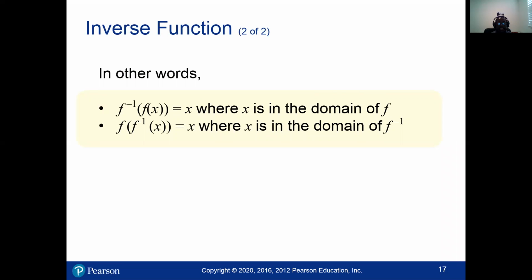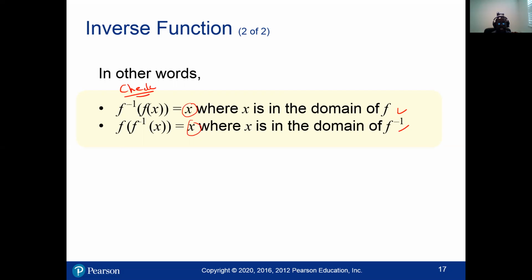So in other words, for any inverse function, if we compose the inverse with f, we should get x. In the same way, if we compose f with the inverse function, you should get x, where x is in the domain of f in the first case and in the domain of the inverse in the second. So if two functions are inverses, this is how we check them.